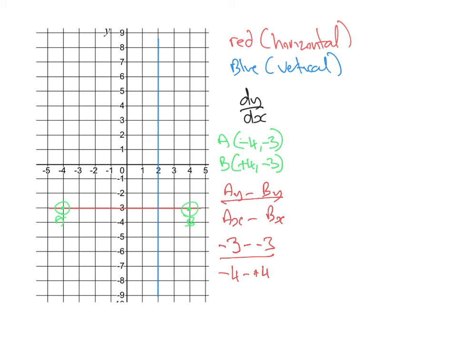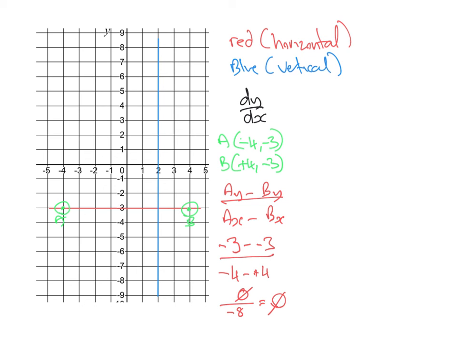Okay, so -3 take away -3 is 0, and -4 take away +4 is -8. But we know 0 divided by anything is 0. So the gradient of this horizontal line is 0, and that's true for all horizontal lines.